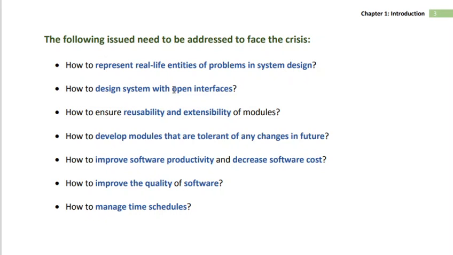So one should be capable of creating complete compliance between the real world entities and the logical entities that are participating in system design. Because if the design goes right, then the implementation of the design into a set of executable code will also definitely go right. So that is what we need to ensure. We need to know how to represent the real world entities of the problem in system design. Now, how to design a system with open interfaces?